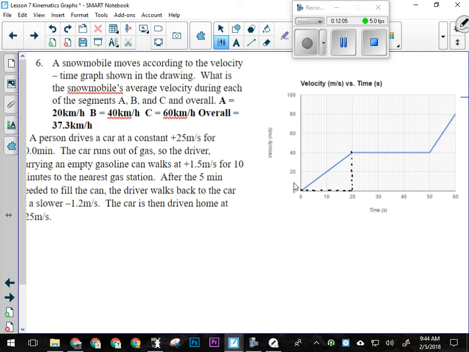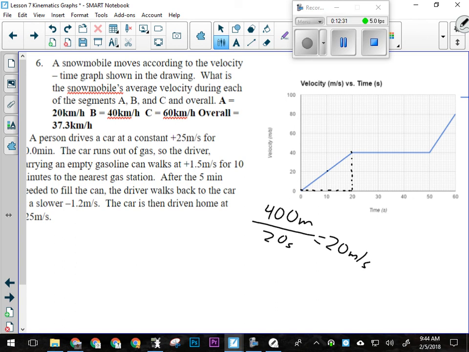So I'm going to take my 40 high multiplied by 20 over 2. So 20 times 20, that should be 400, right? In the first section of that graph, the object goes 400 meters, and that takes 20 seconds. So the average velocity is 20 meters per second.